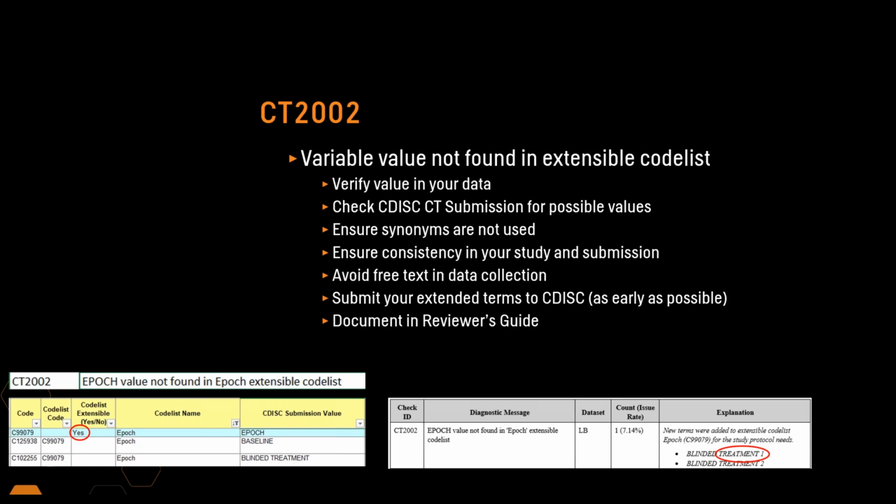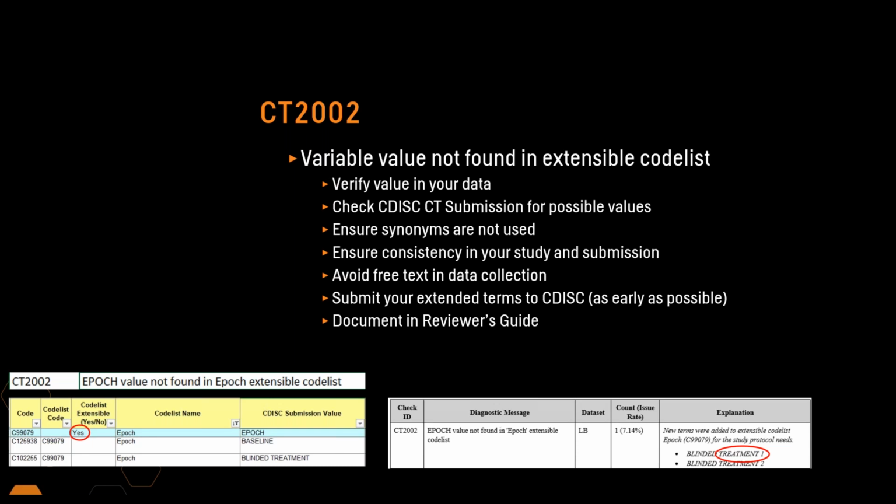So on the bottom left, this is sometimes a message that you see for epoch. As you can see, the diagnostic message states that the epoch value was not found in the epoch extensible code list. So again, we go to the code list extensible column and we notice it says yes.